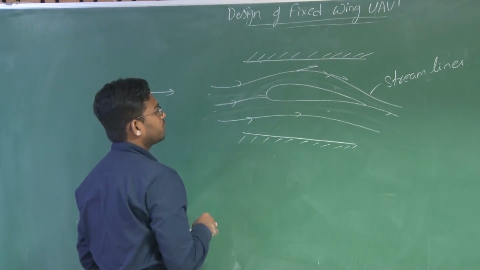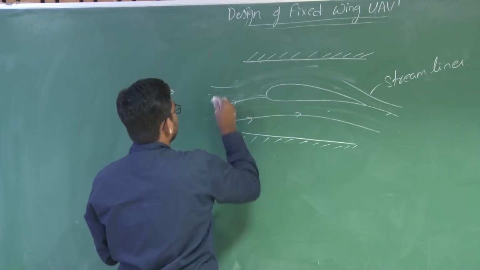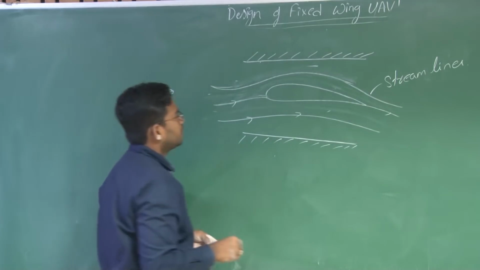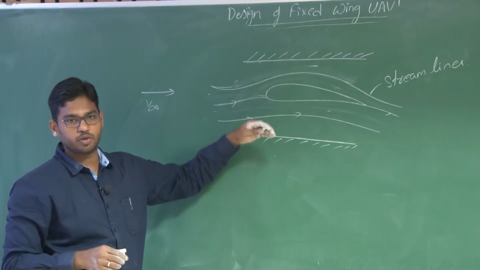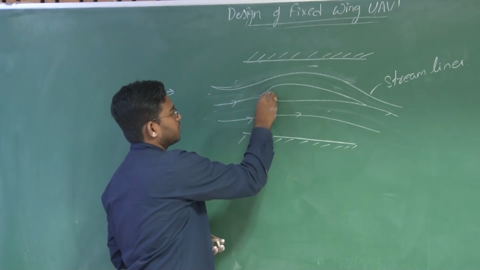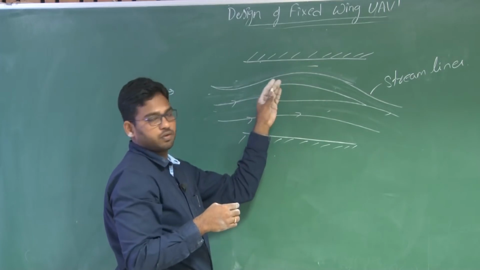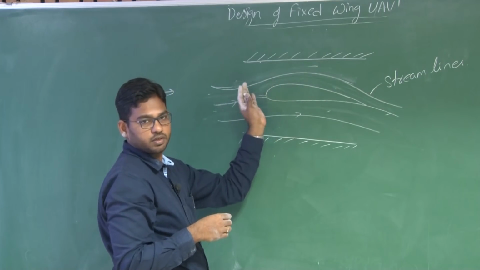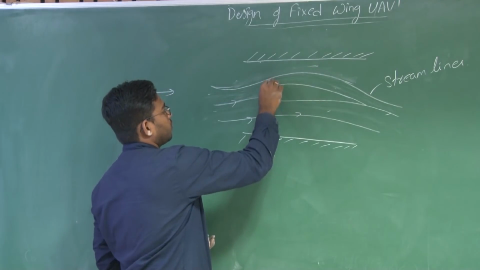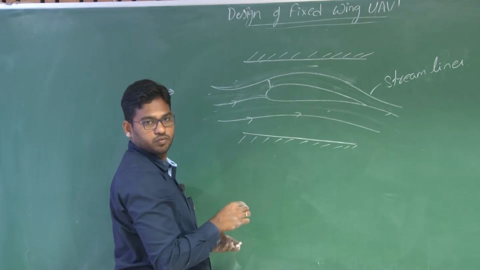Now as soon as the stream tube encounters the airfoil, it will be split into two stream tubes. Due to the curvature about the leading edge, which is followed immediately after the leading edge, the cross-sectional area here decreases.